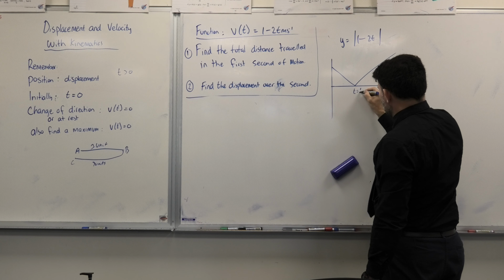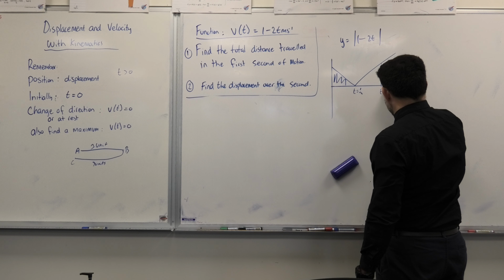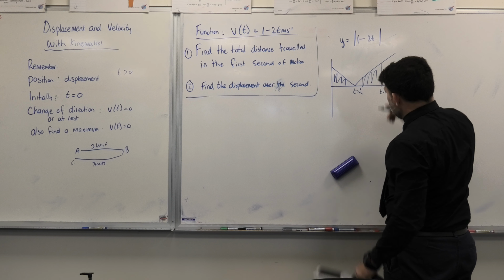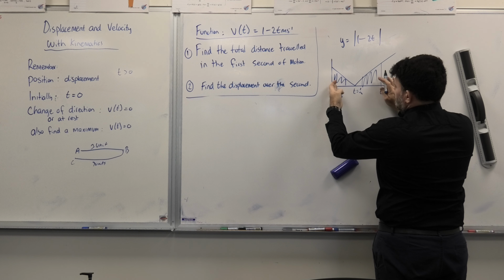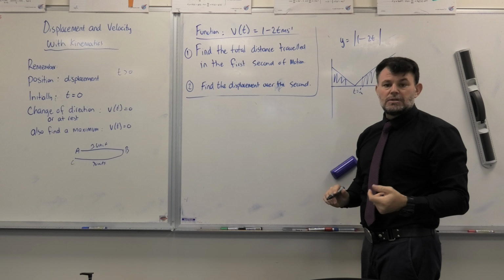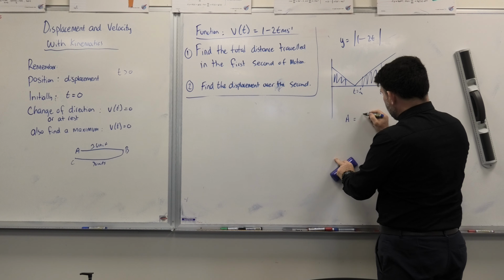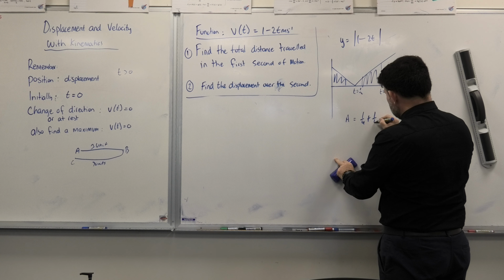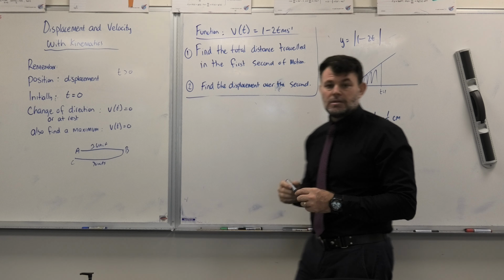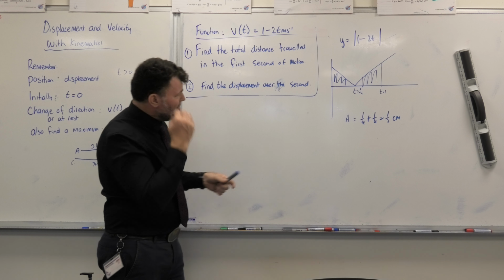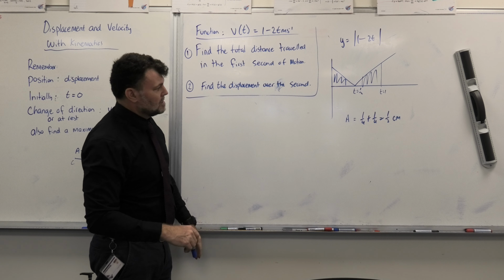So when t is equal to 1/2, we've got 1/4, and when t equals 1, we've got another 1/4. What this does is add up the positive values. It makes anything that's negative positive. So we get a total area of 1/4 plus 1/4, which equals 1/2 centimeters. That's another way you can use your graphics calculator to calculate that answer.